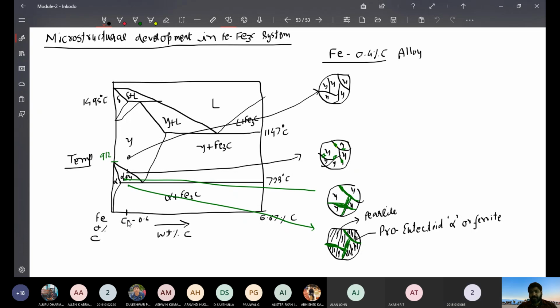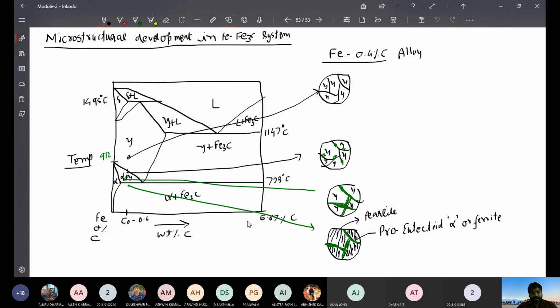So we are talking about the microstructural development of hypoeutectoid steel, because I have taken the carbon concentration 0.4%. Not only for this, if you take any iron carbon alloy which has carbon content between these 2 points, then the same type of microstructural development will take place.